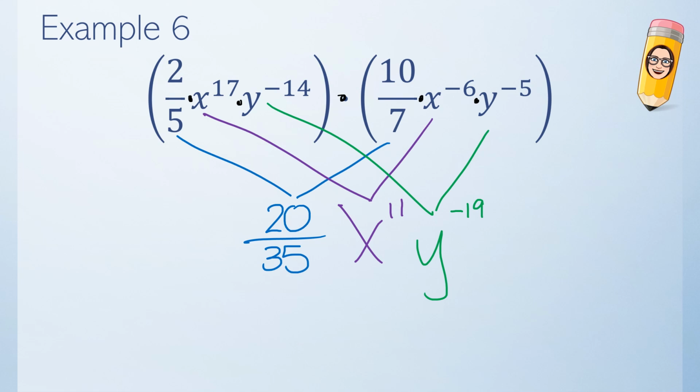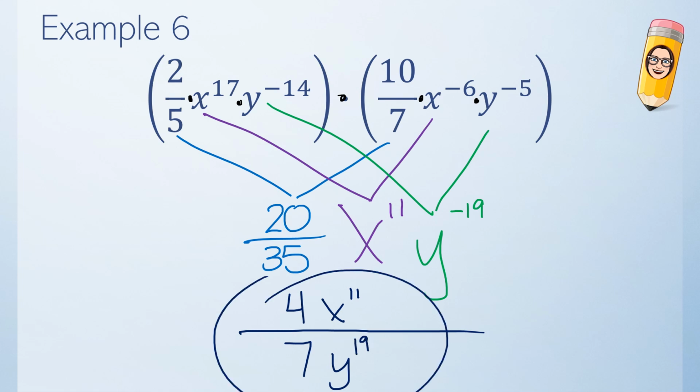So for my final answer, I'm just going to set up one big fraction bar here, all right? So 20/35 reduces down to 4/7. The x is positive, so it remains on top. The y is negative, so to become positive, we kick it to the bottom. That would be my final answer.